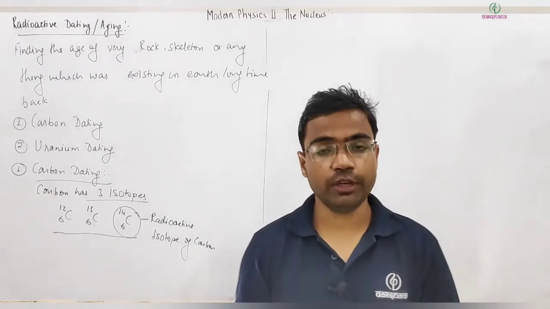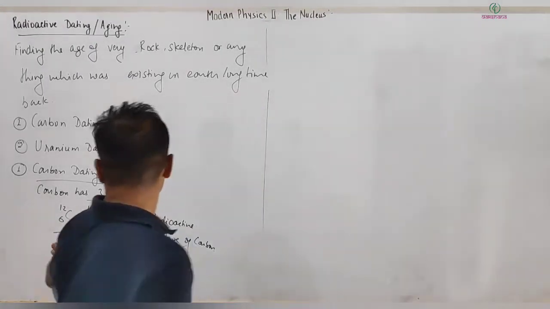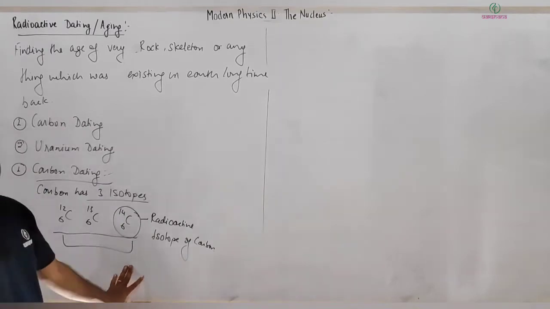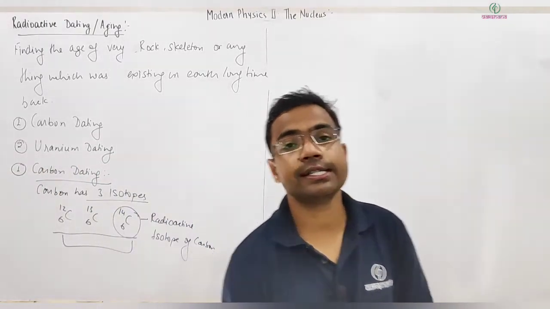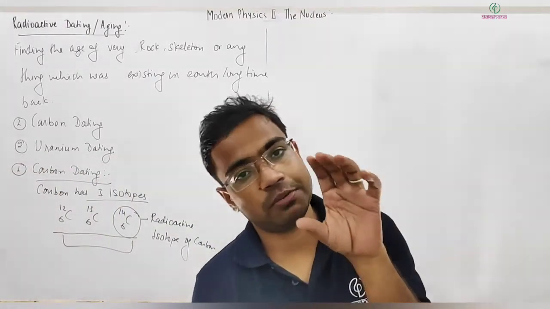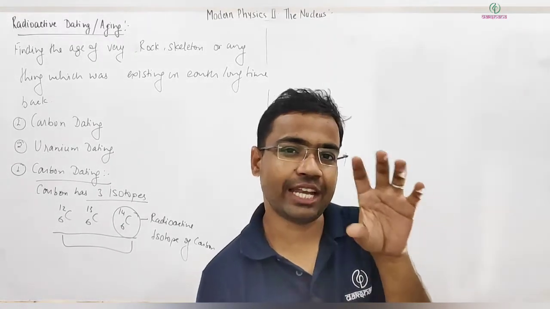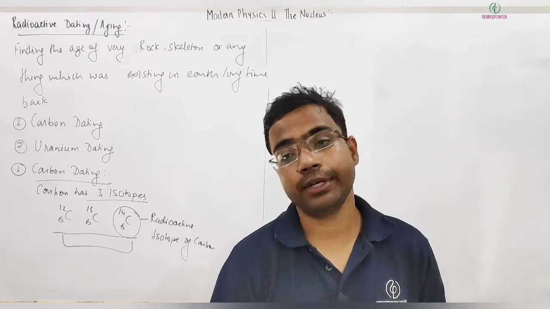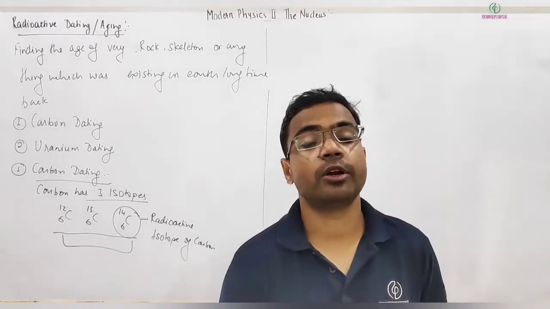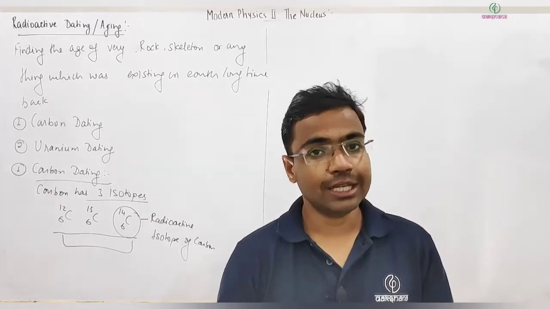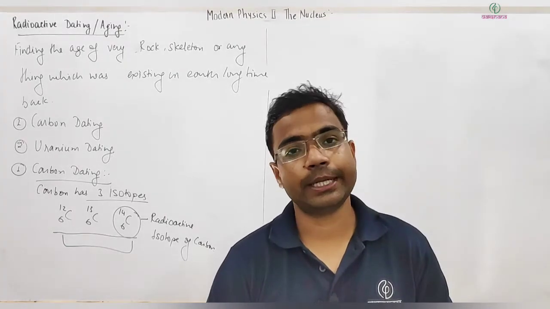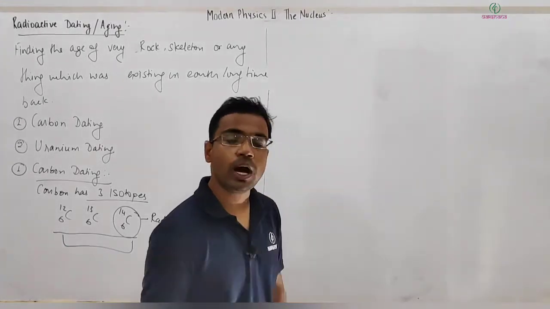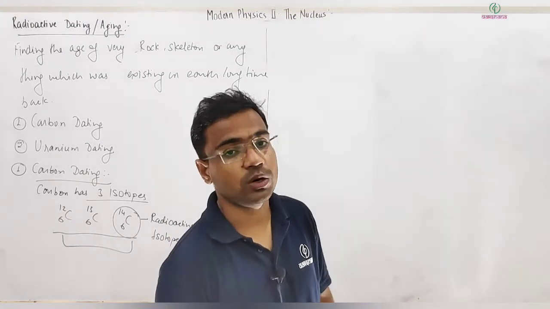In that, if I talk about carbon 12 and carbon 14, and we take a small sample from any plant or body and measure the number of carbon 12 atoms and carbon 14 atoms, then the ratio of these numbers is fixed in a living organism. I will tell you how it is maintained constant.